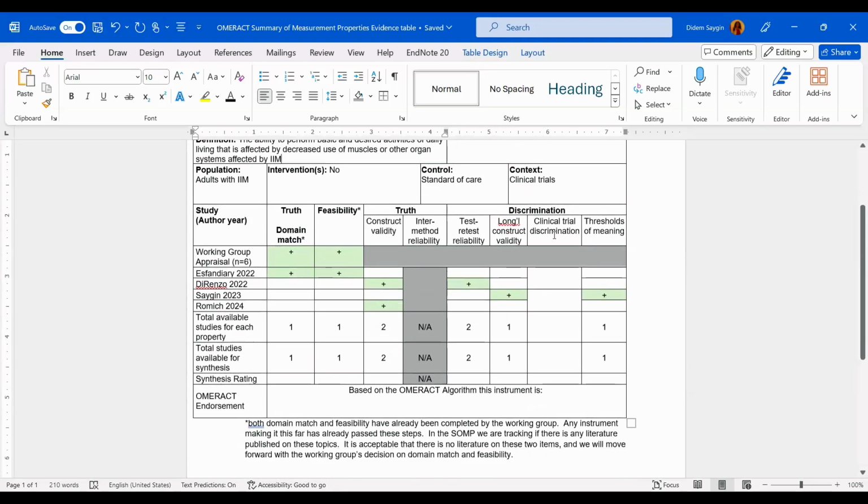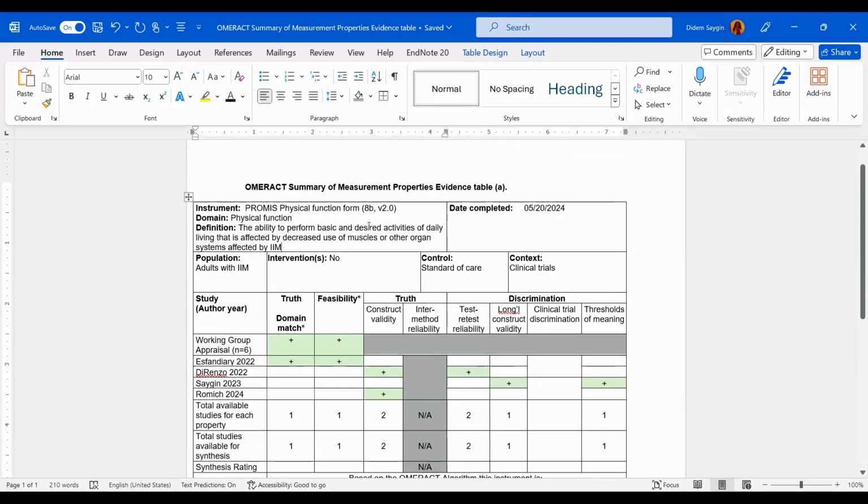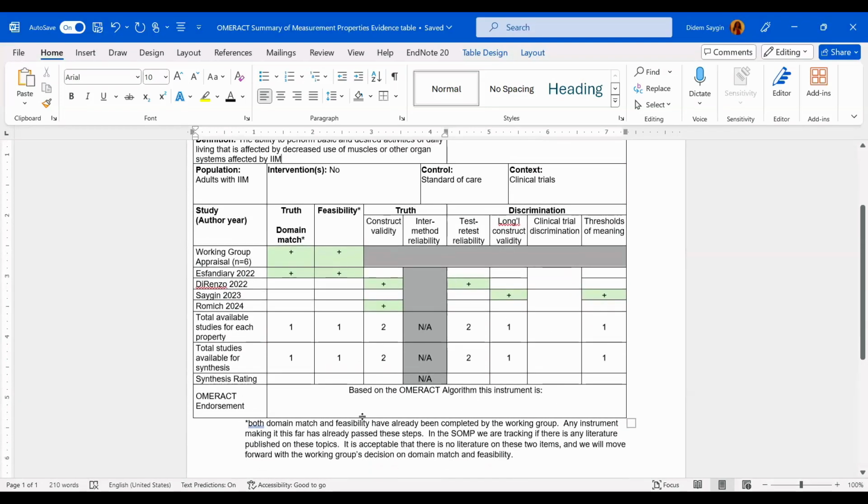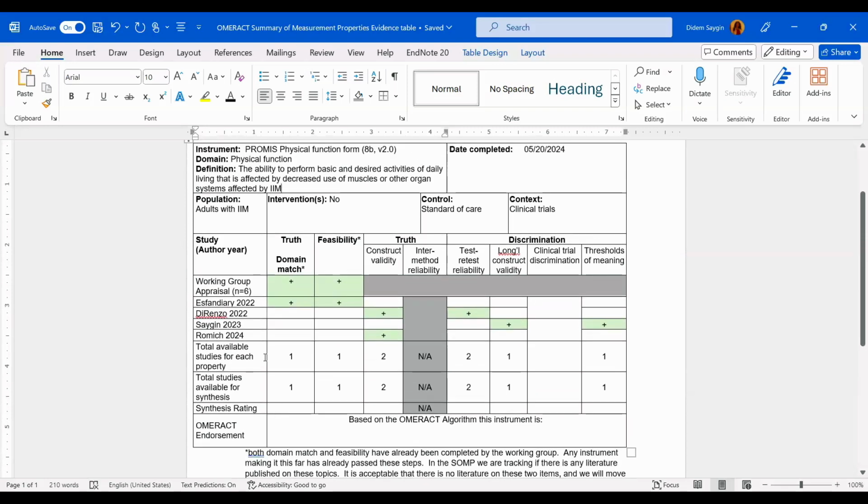So in terms of clinical trial discrimination, currently the tool is part of two clinical trials that we know. But again, we don't have data or results on that yet. So right now, as you know, we finished work on the reliability, validity, and most recently responsiveness and thresholds of meaning. So we have only a few studies.